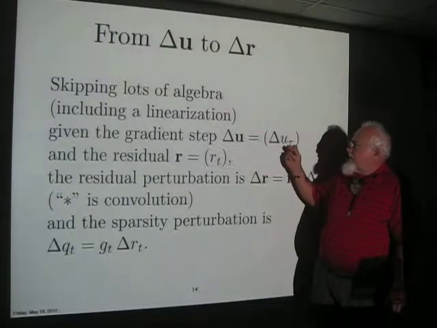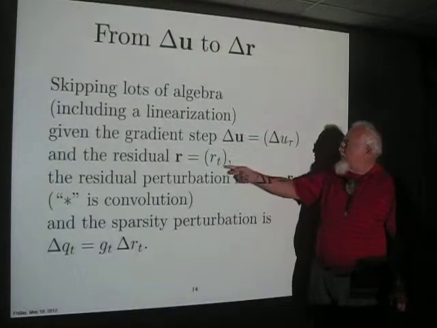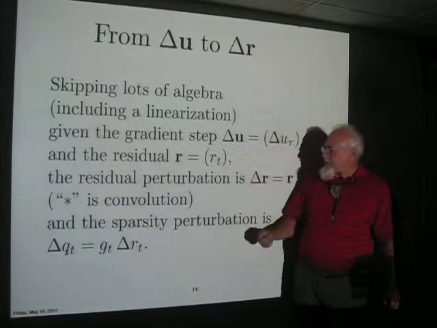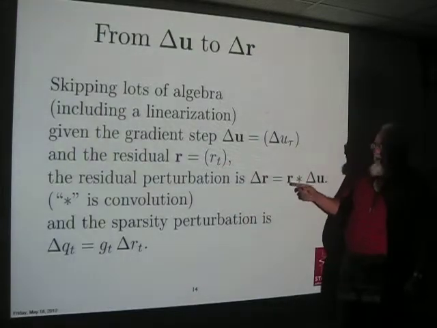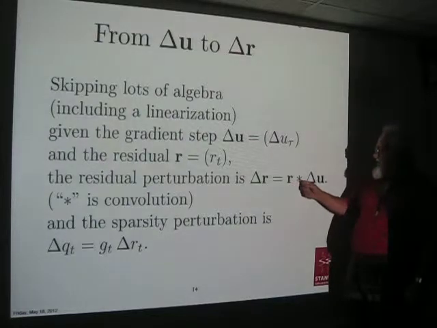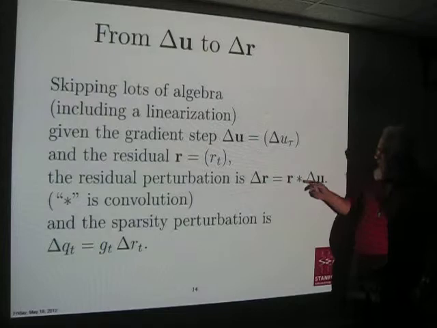And so basically, given a step, we have to find out how the residual is going to change. Given a perturbation in our parameters, how are we going to be changing the residual? And if you go through this algebra, which is in the paper, you discover it's just the residual convolved with the gradient. The change in residual is the residual convolved with the gradient.